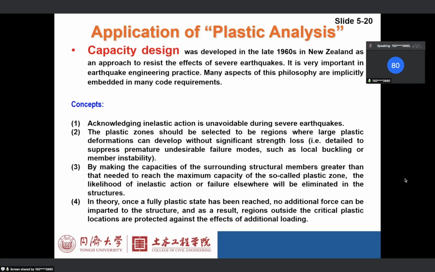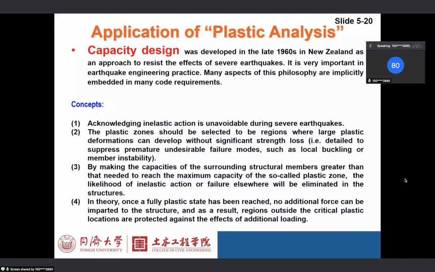Capacity design is a mainstream design approach today. It was developed in the 1960s in New Zealand as an approach to resist the effect of severe earthquakes. Under normal loadings, it is quite unlikely that a plastic hinge is fully developed, because in design we try to avoid the formation of plastic hinges.